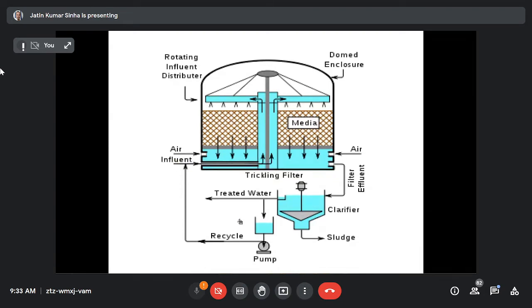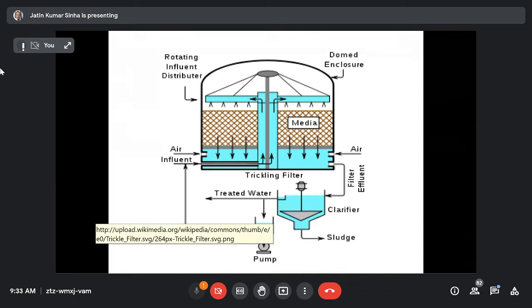Finally, the water is collected at the bottom, and some of it will be directly released to the environment, depending on the use, and some of it also goes for the final treatment process, that is the advanced treatment or the tertiary treatment.